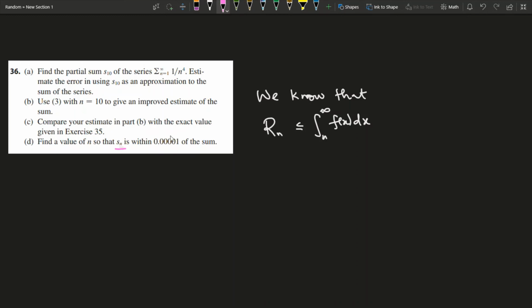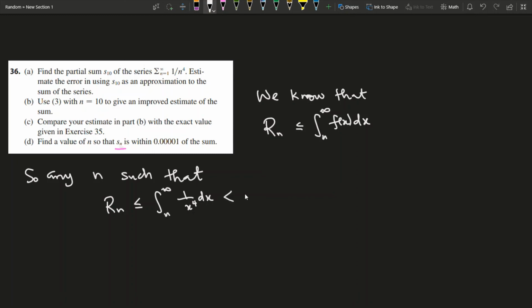So any n such that Rn is less than or equal to this, and this is strictly less than that number, 4 decimal places, will work. Any n such that this happens is enough. That's exactly what the problem is asking.